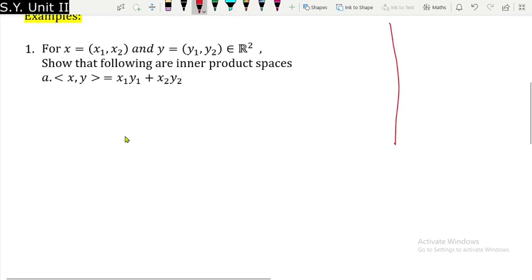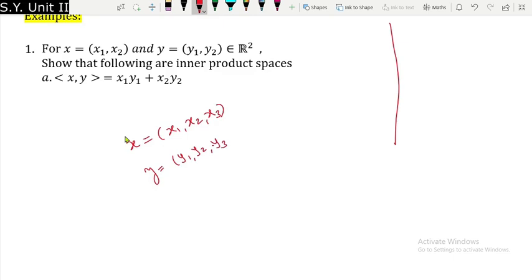So this idea can be extended to R3 also. How? If I am having x = (x1, x2, x3) and y = (y1, y2, y3), then how will this inner product be defined? It is not right to say that it is an inner product over here yet, because we have not proved it. So I will say how this map will be defined.